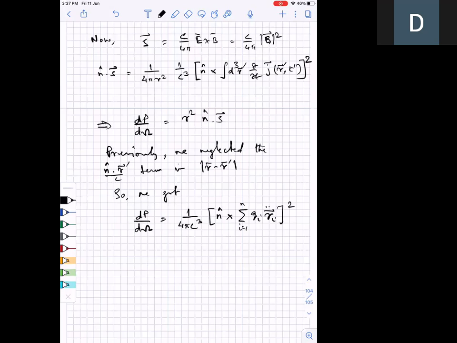So this was the dipole thing. We got the dipole formula where q_i r_i is basically d, and so the d double dot squared. It went as the square of the dipole.